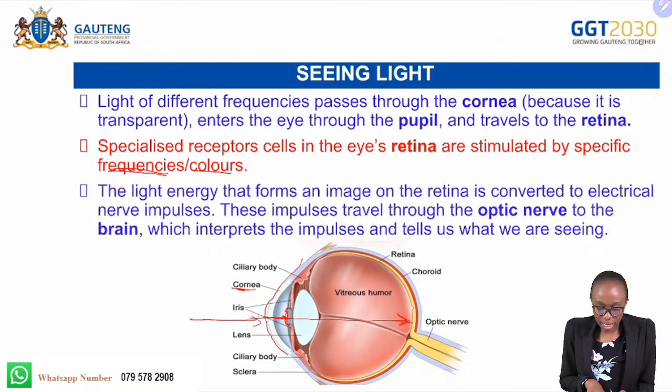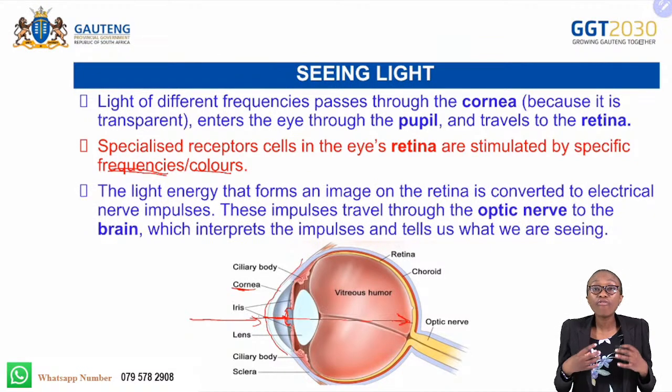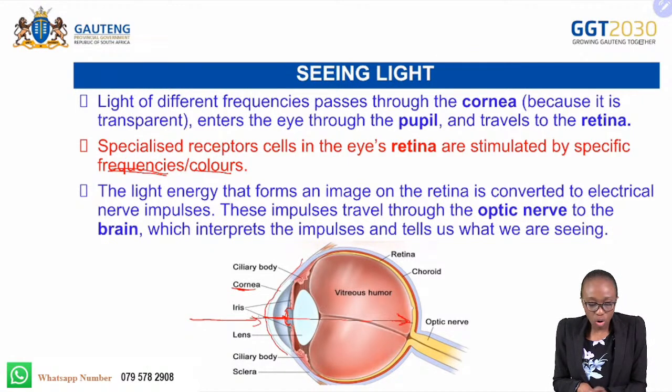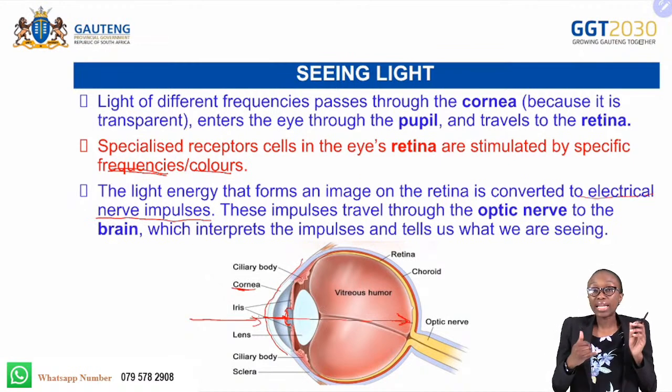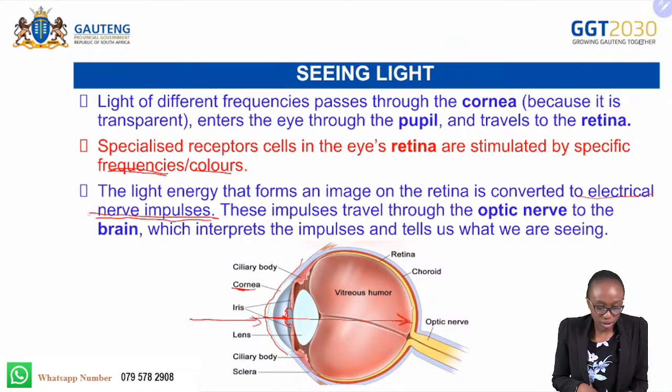So the light energy that then forms an image that you see on the retina is converted into electrical nerve impulses. So the light has gone into the eye and then it has stimulated the light-sensitive receptor cells, and then that is converted to electrical nerve impulses.